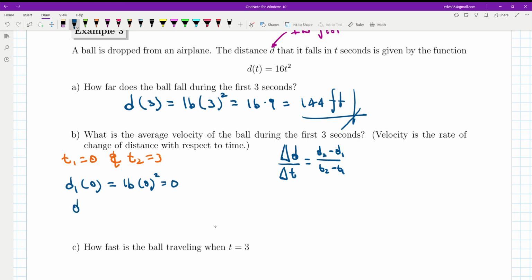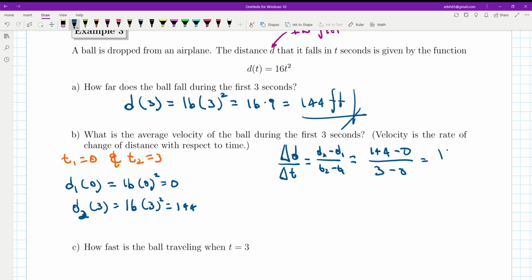And d2, which is at 3, is 16 times 3 squared, which we already calculated as 144. So we get 144 minus 0 over 3 minus 0.